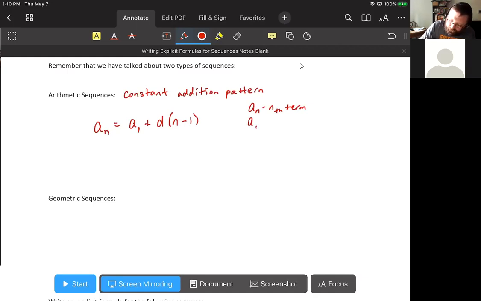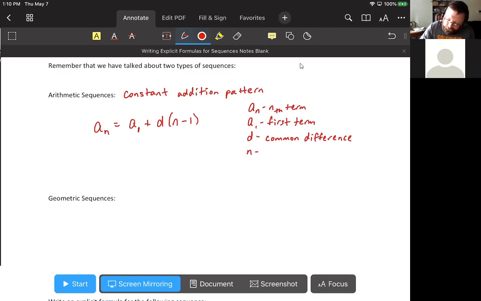A sub 1 is the first term, which you should just pull directly from the sequence. D is the common difference, or the value that you are adding or subtracting over and over again.